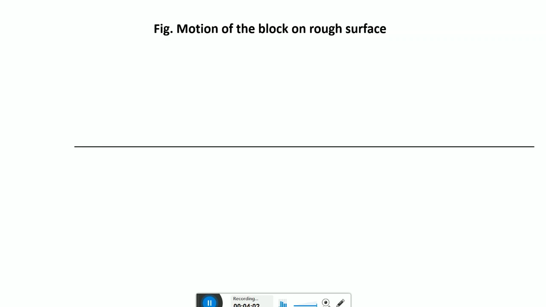Initially, the block is at a position A on a horizontal rough surface of the table.